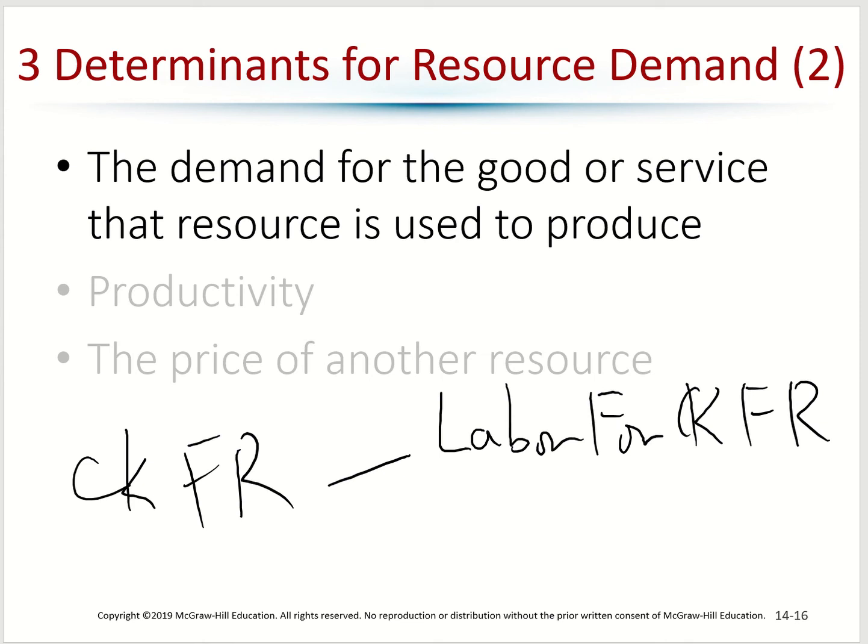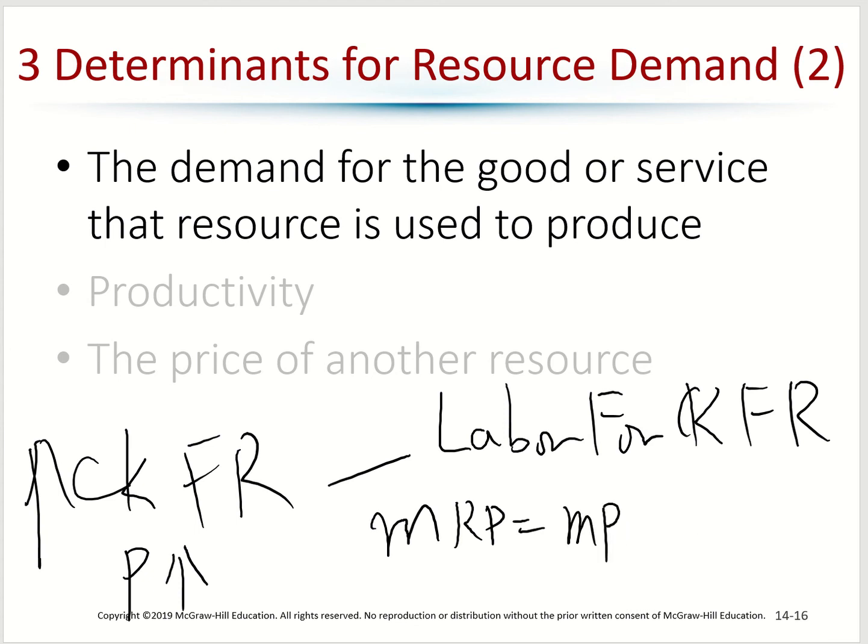Let's suppose there is a higher demand for chicken fried rice. Chicken fried rice is getting very popular. Everybody wants it. What happens? The price of the chicken fried rice increases. Now, when the price increases, remember that your marginal revenue product is equal to the marginal product times the price of the good.